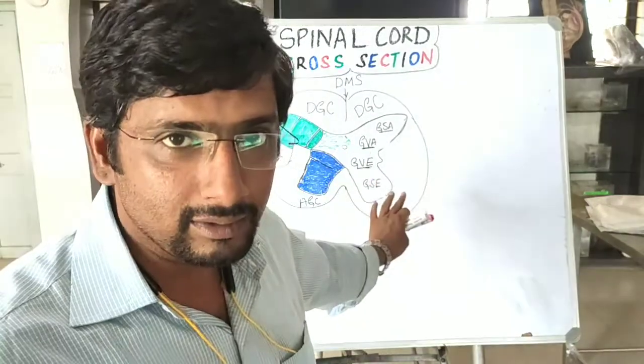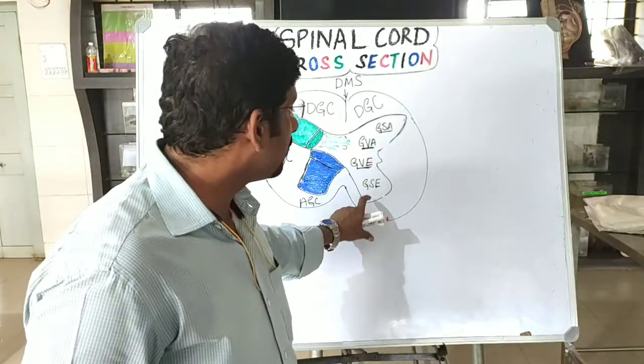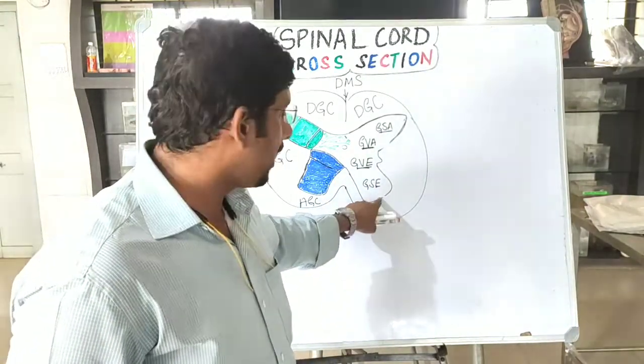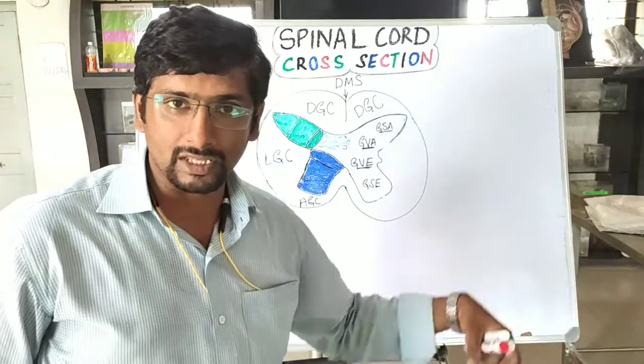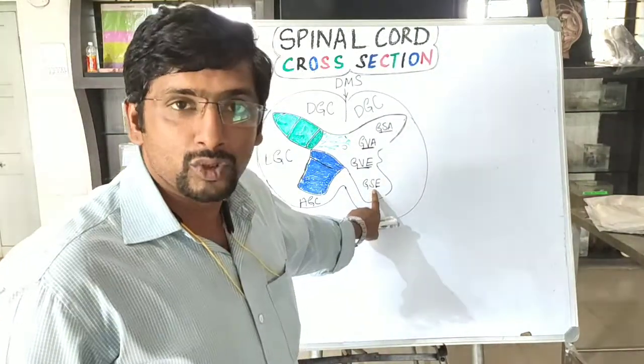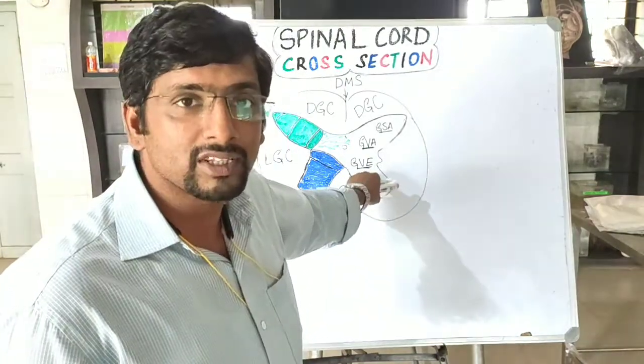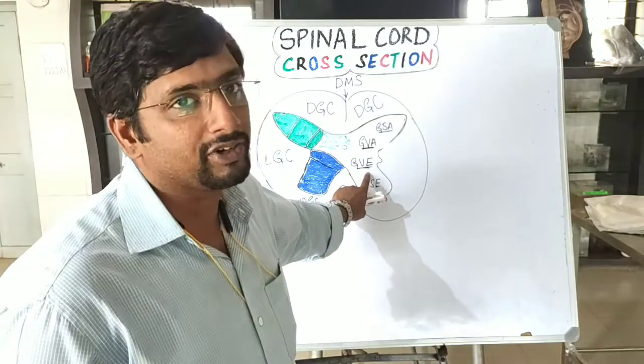This we can understand. So what does it mean? Whatever nuclei are present here and their processes supply either general somatic efferents or general visceral efferents.